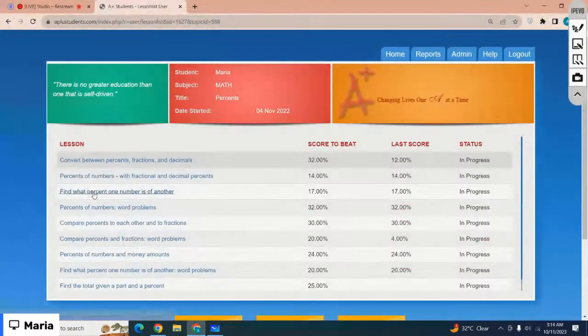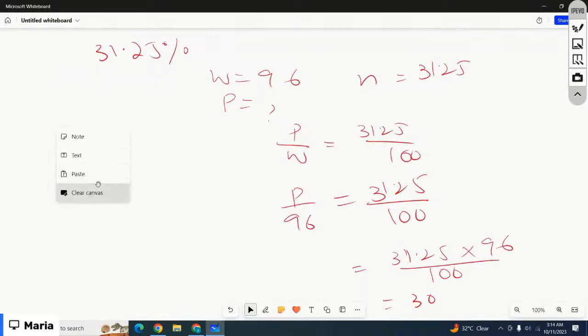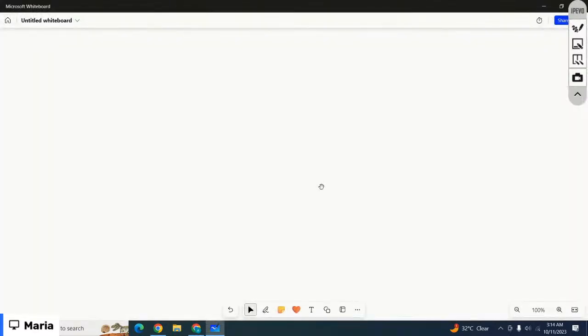The next one is find what percent one number is of another.